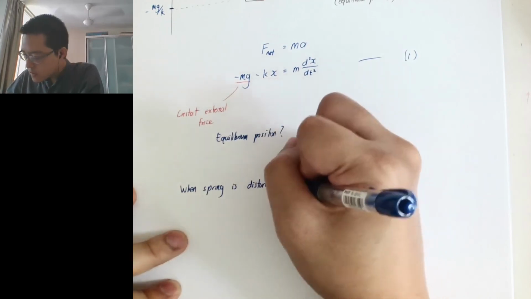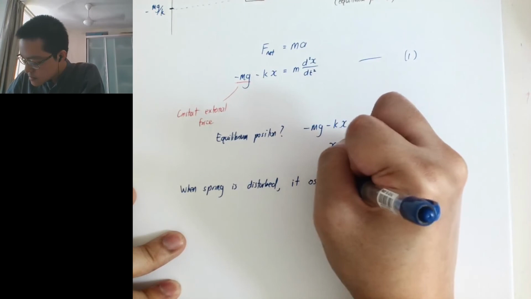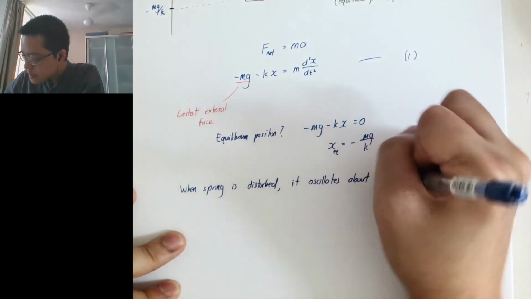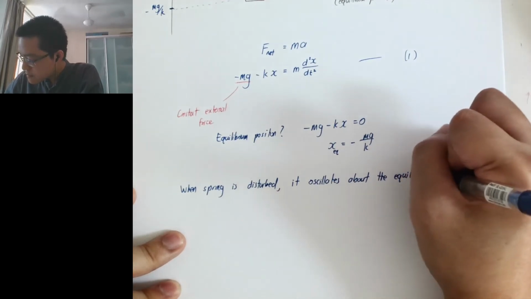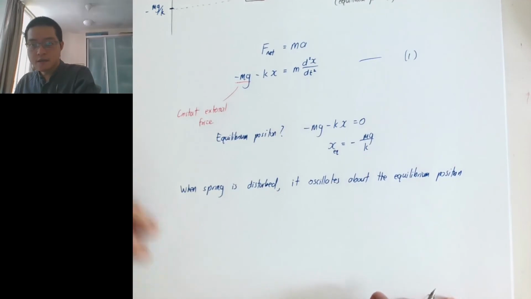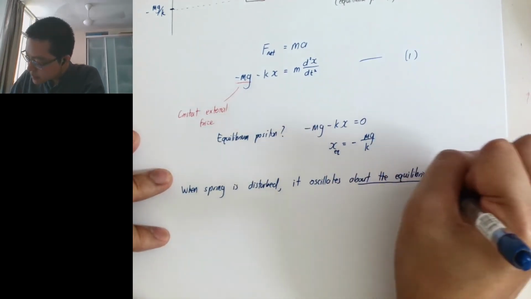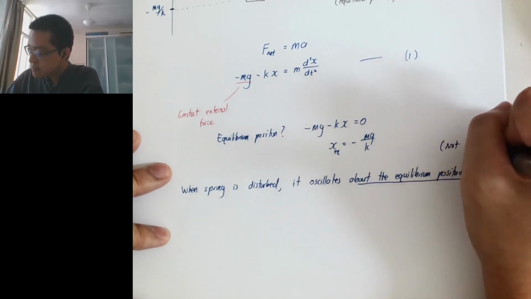It will oscillate about the equilibrium position. In other words, it does not oscillate about the natural length.